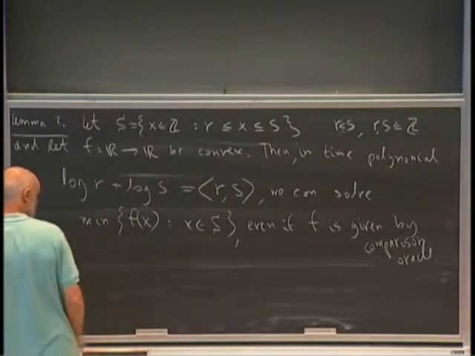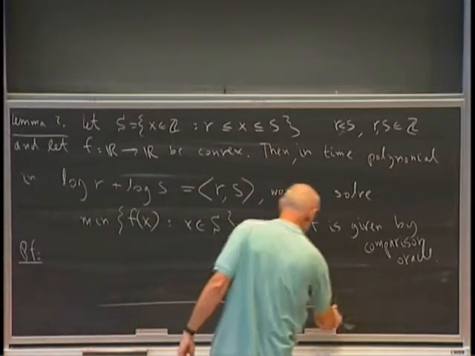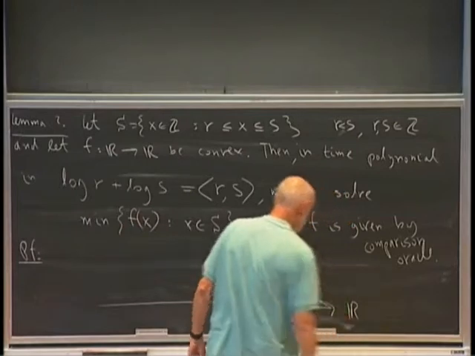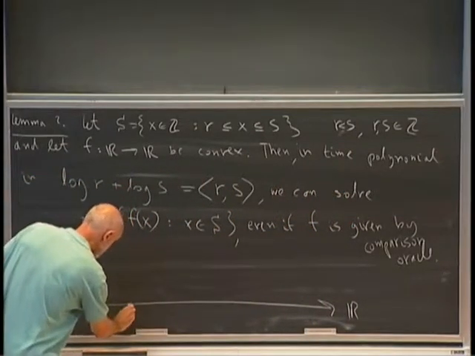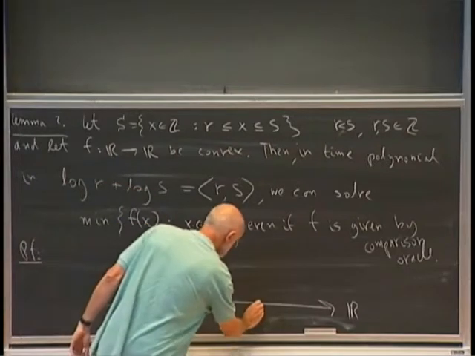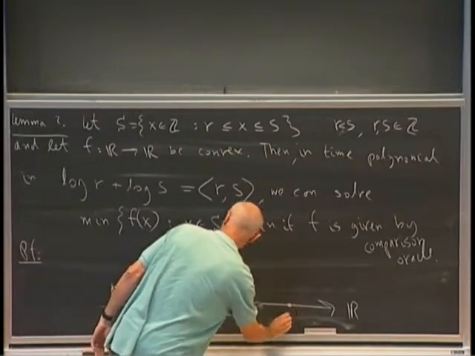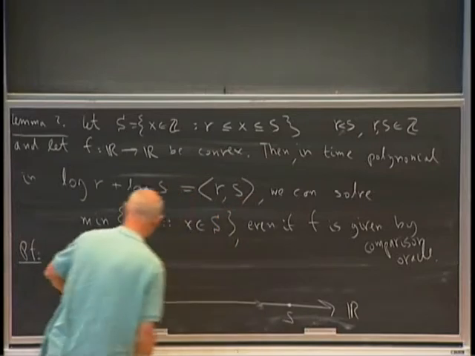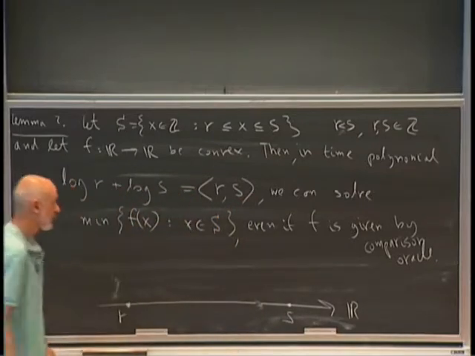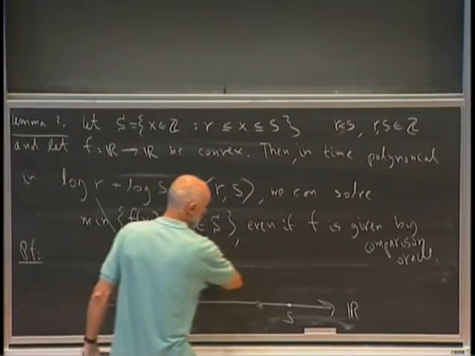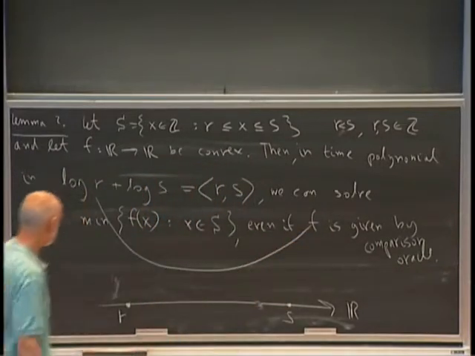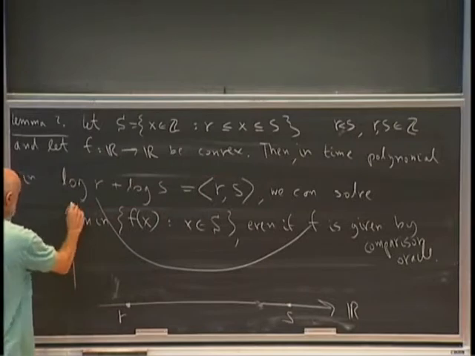Let's look at how this thing looks. These are univariate functions. This is the x-axis, and let's say R is here, an integer point. S is somewhere here, another integer point. And the function looks something like this. That's the graph of the function.